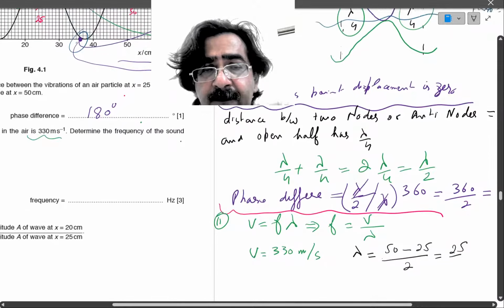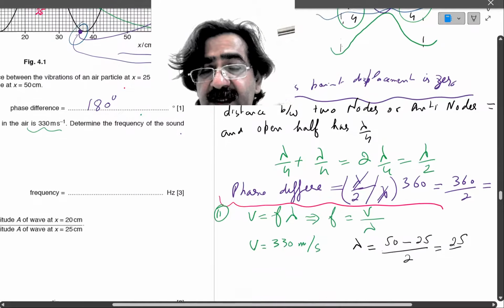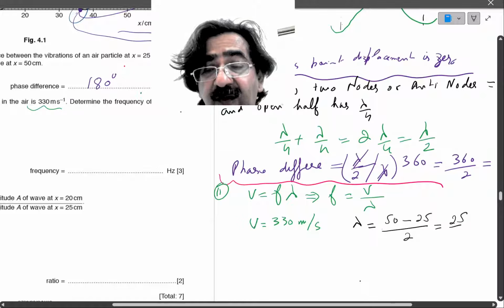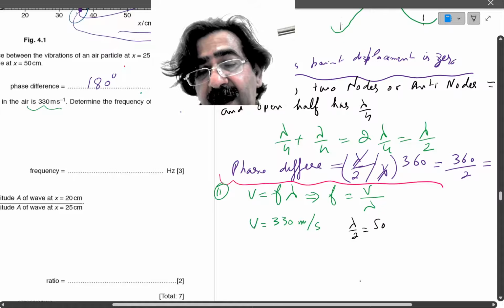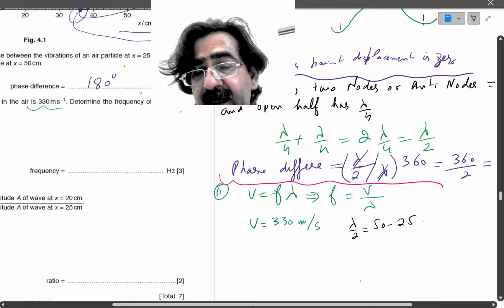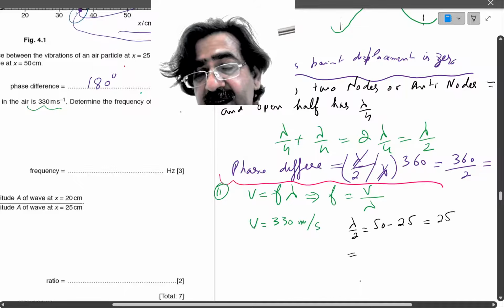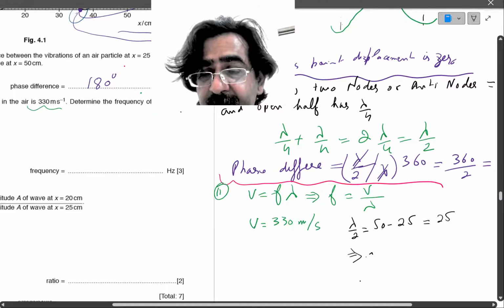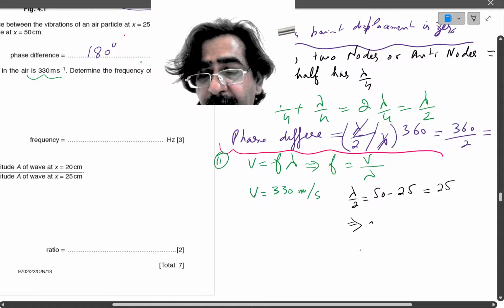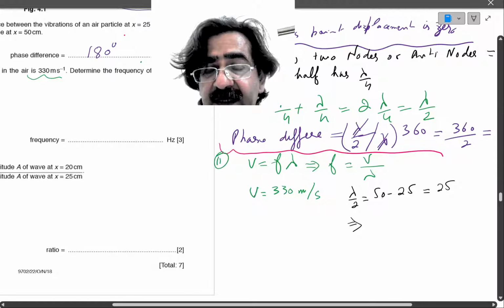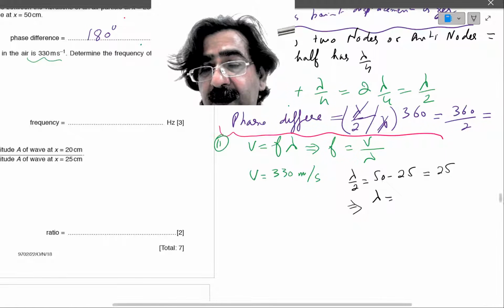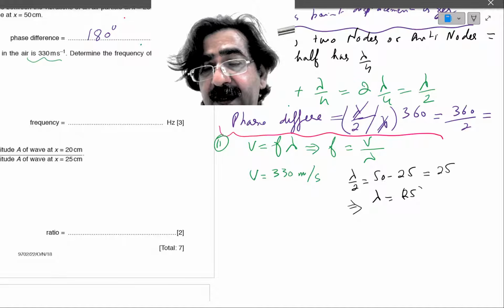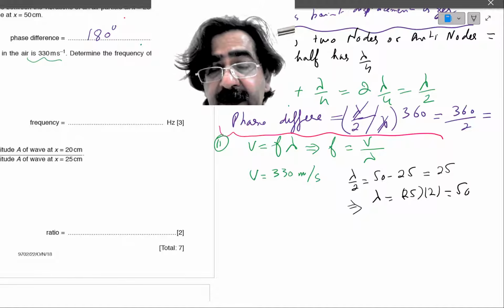Oh no, sorry, lambda is not half. That length is lambda by 2. Sorry, I said that lambda by 2 is equal to 50 minus 25. That is 25. This implies that lambda will be 25 multiplied by 2, that will be 50.